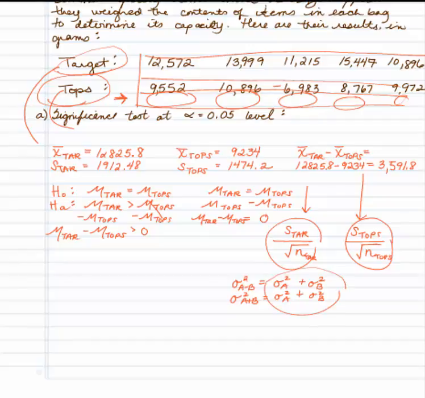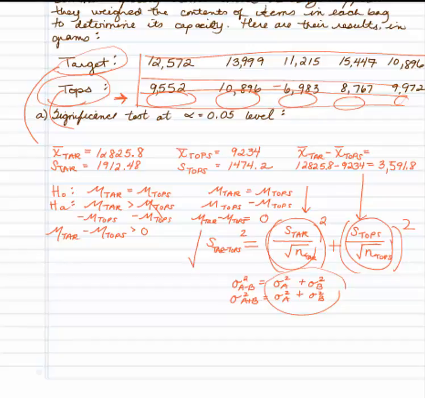We still had the same type of formula over here. We actually have to square both standard deviations, sum them together, and then we could get the sample target minus tops standard deviation that we should use in the problem, but not really, because it gives us the variance of that. It gives us the squared value of that.